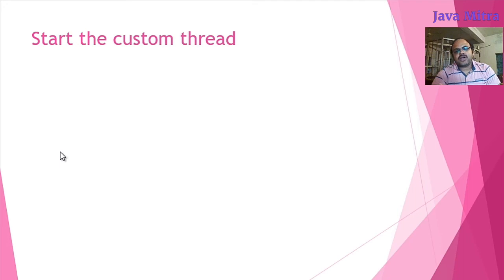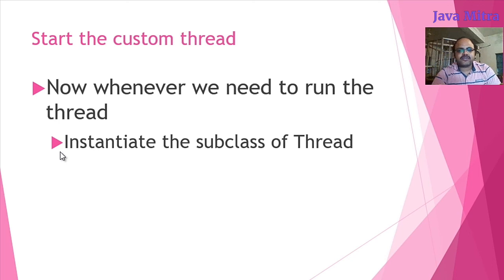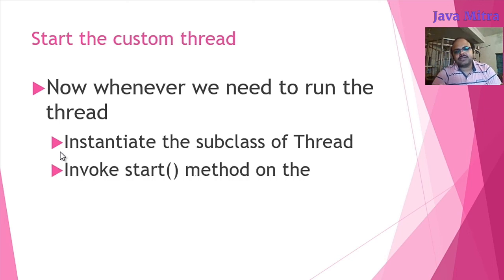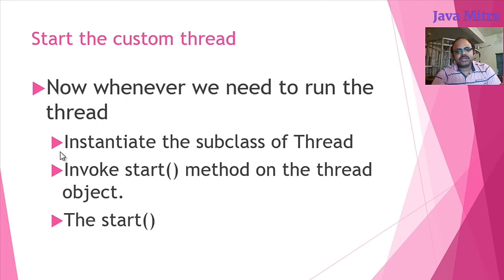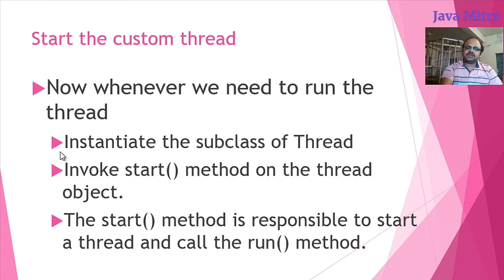And now how to use the thread? First of all, we have to create the instance of a subclass of Thread and then call the start method. The start method is responsible to internally call the run method and start a thread.